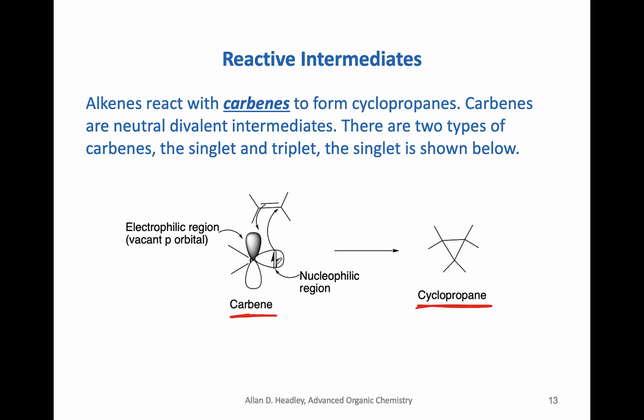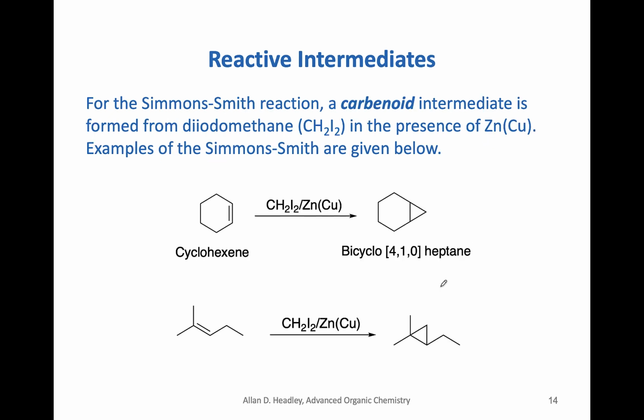So here's the structure of a carbene. There are two types of carbenes, as we'll see when we get more into the details of these lectures. One is called the singlet, and the other one is called the triplet carbene. This is the singlet carbene, and here's the reaction to give the cyclopropane product.